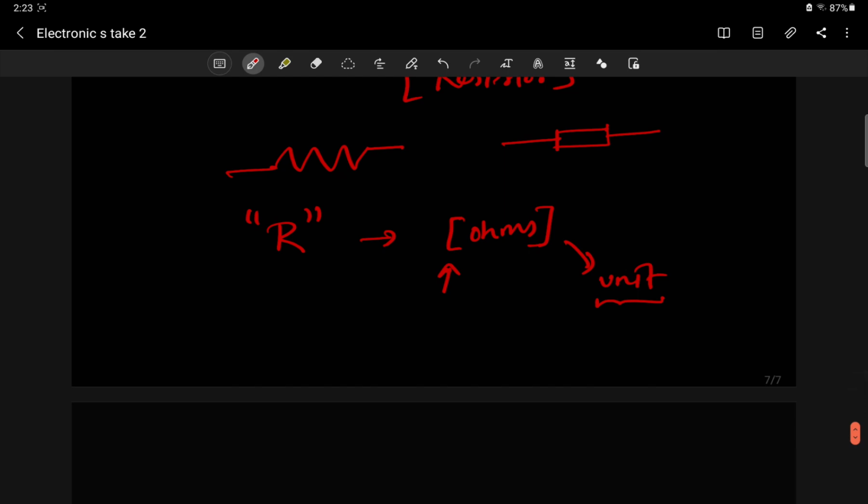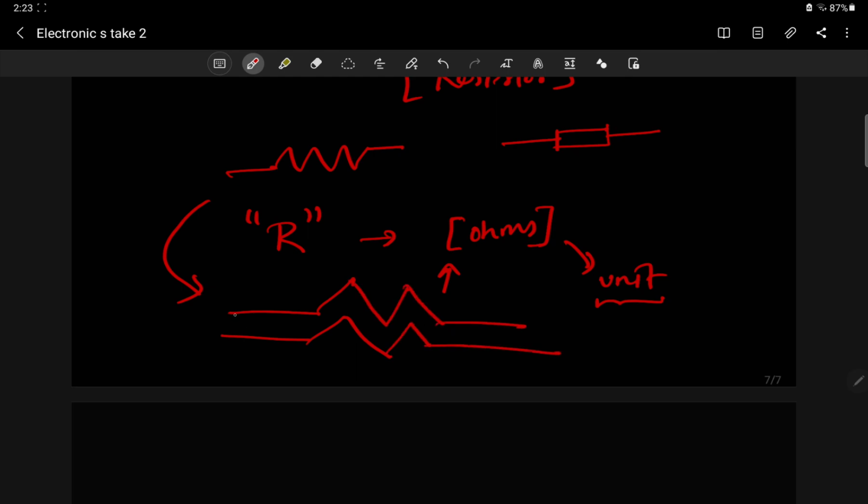So basically, I'm going to give a little explanation of resistance over here. Let's say this is a symbol of a wire, and then you go up, and then you go down, and you go up, and then you go down like this. Your electrons are coming from this point to this other point, so let's say going from one point A to B. Your electron will have to go high up and then come down, high up.